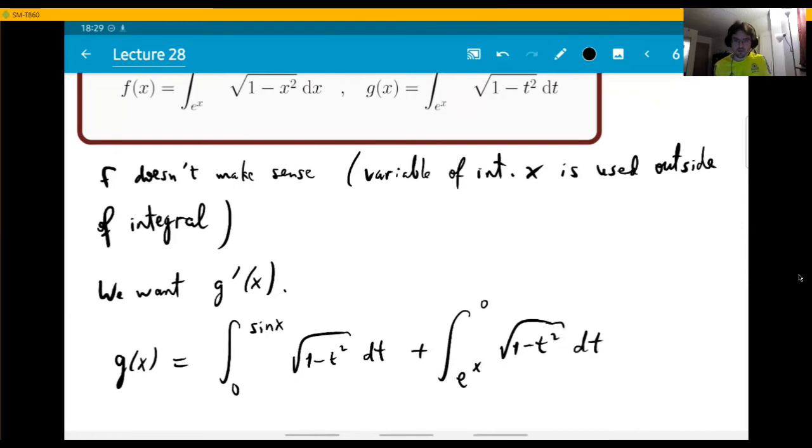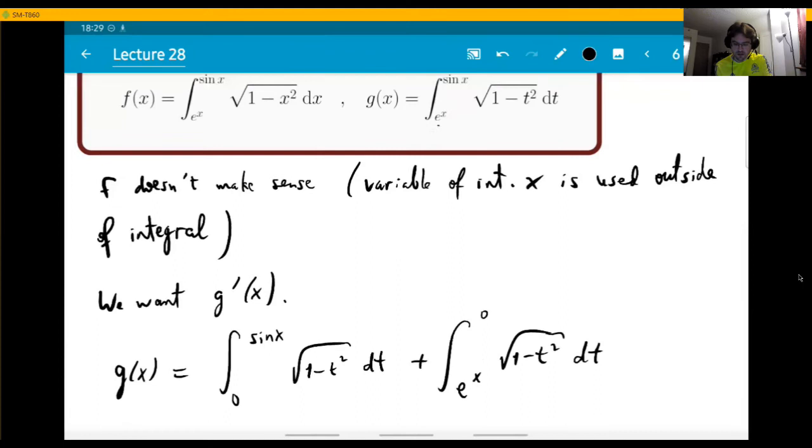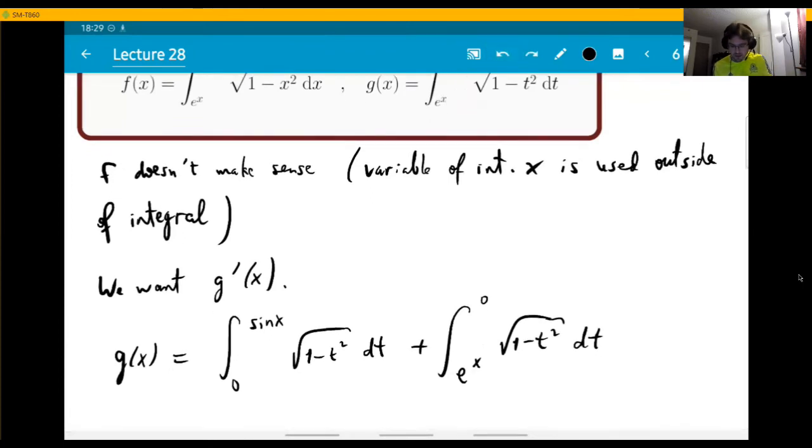So if you want to integrate from e to the x to sine x, you can do it by integrating only up to 0, and then from there to sine x. Doesn't really matter which one is larger or smaller. Like e to the x is always going to be larger than 0. So this integral is written in an unusual order, but that really does not matter.